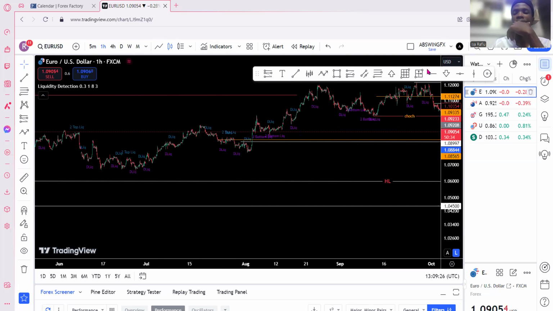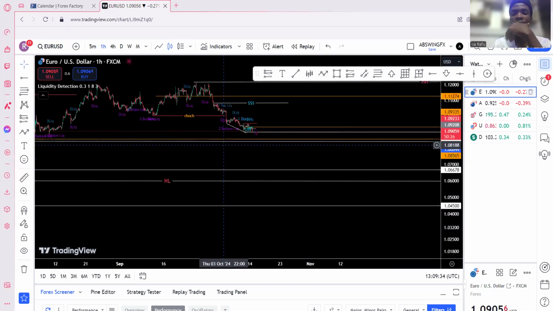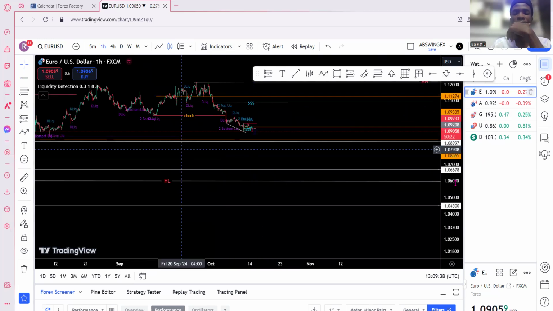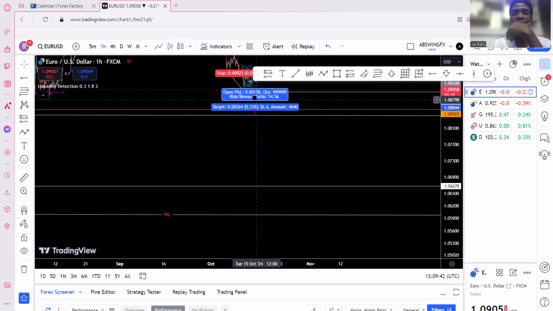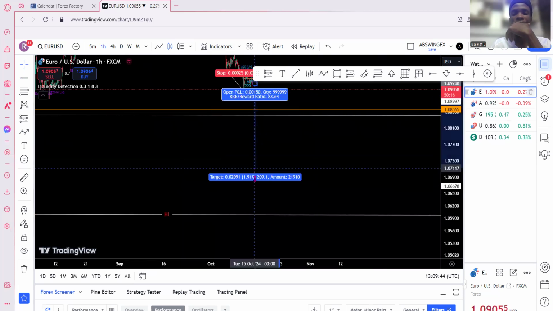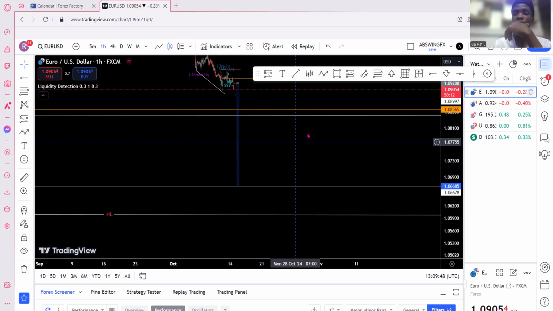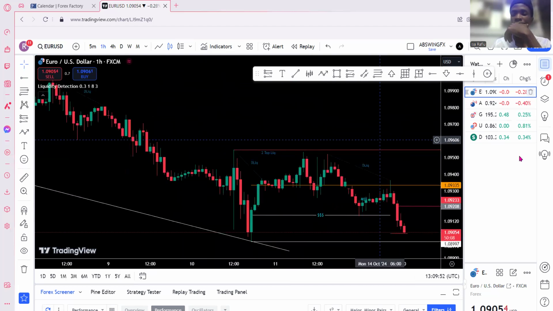So fully, I target this for swing trading. For swing trading, everything is possible. Don't think it is not possible. Every downturn is possible.